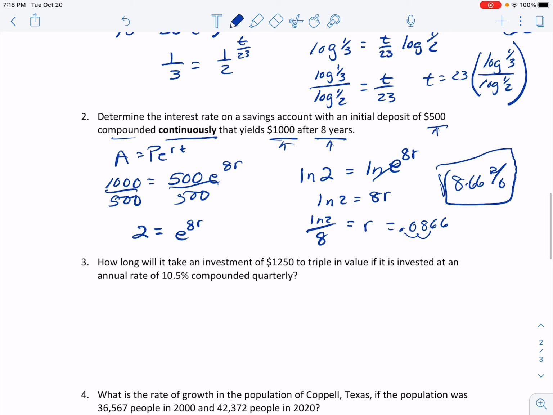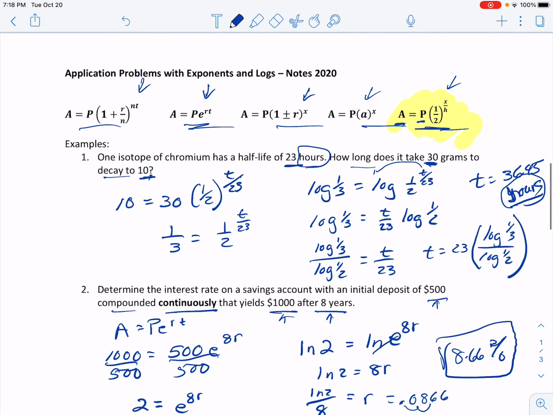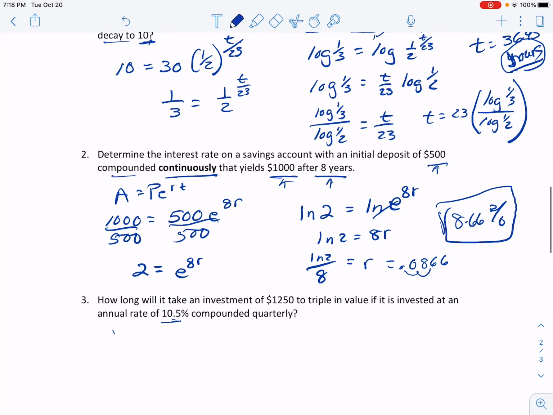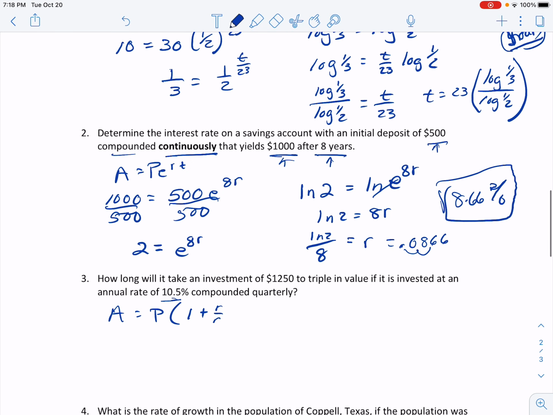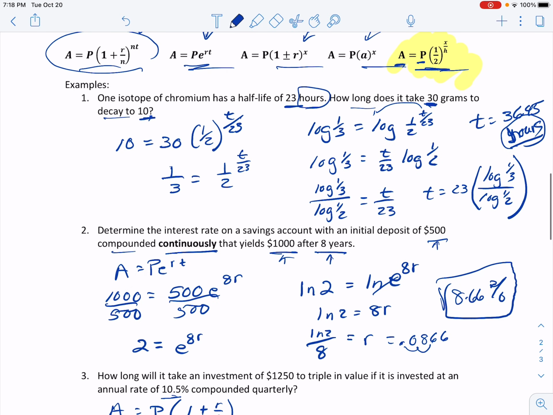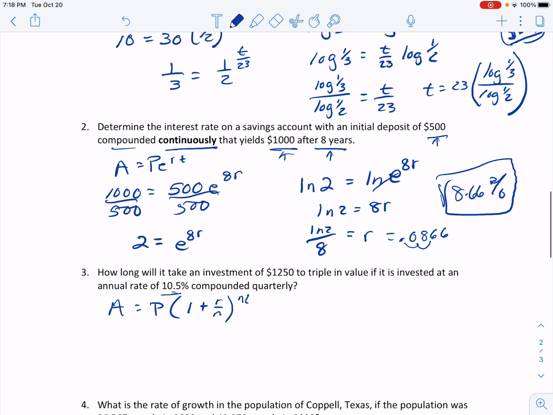Okay, how long will it take an investment of $12.50 to triple in value if it's invested at an annual rate of 10.5% compounded quarterly? That's this. So you have A equals P times (1 plus r over n) to the nt.